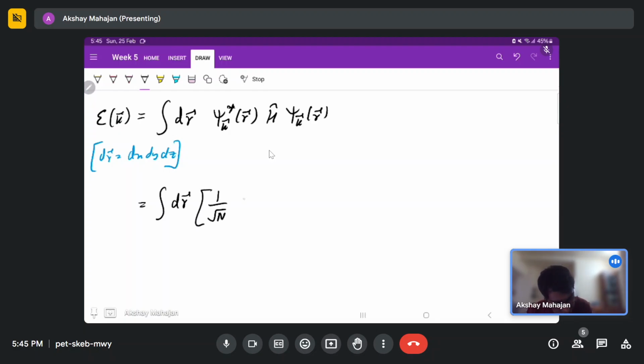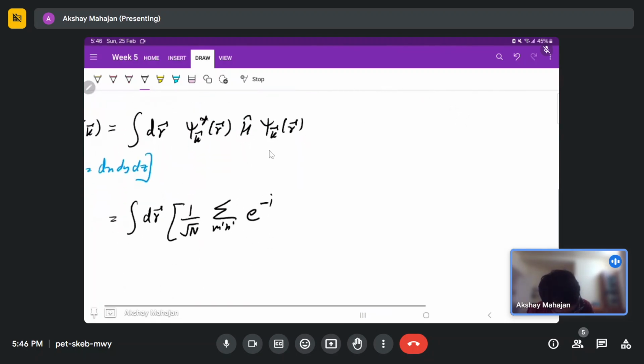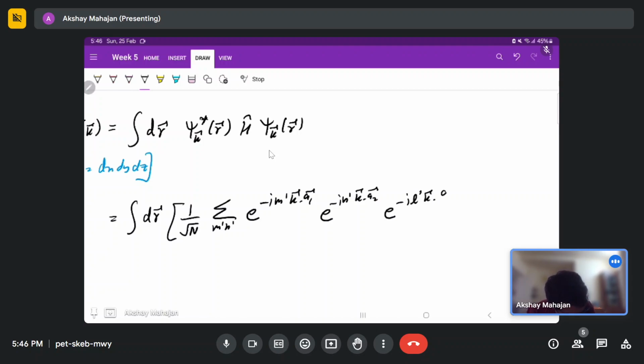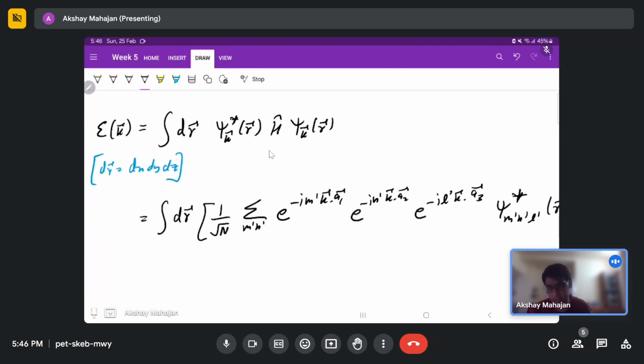I can write it as 1 by root N, summation over m prime, n prime, l prime, of e to the power minus i m prime k vector dot a1 vector, e to the power minus i n prime k vector dot a2 vector, e to the power minus i l prime k vector dot a3 vector, times psi of m prime n prime l prime of r vector complex conjugate. This will be our psi k star of r vector.